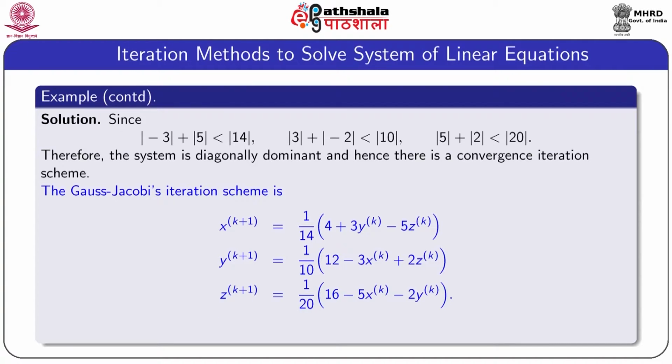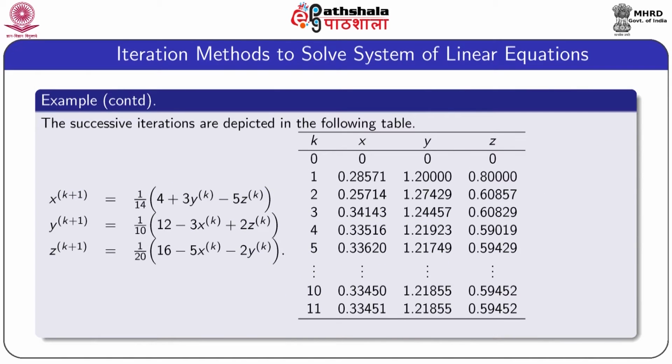This is the iteration scheme for the Gauss-Jacobi's iteration, and for this problem we assume that the initial solution is (0, 0, 0). The successive iterations are shown in the following table.